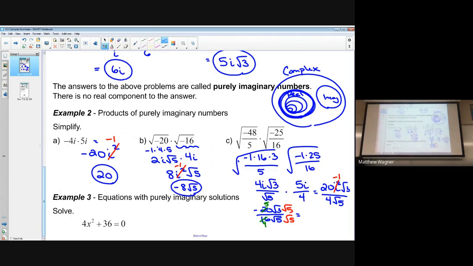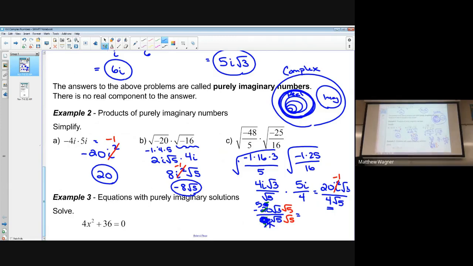Oh, whoops. Right back here. I don't know why I did that. That should be a 4, which means I didn't have to reduce that. My apologies. Negative 20 over 4 is going to be 5 up there, and that 4 drops out.